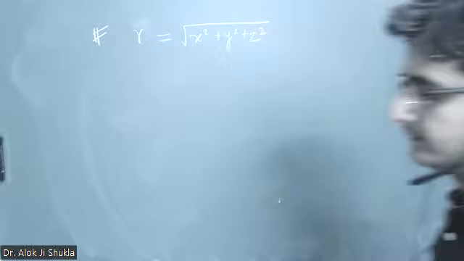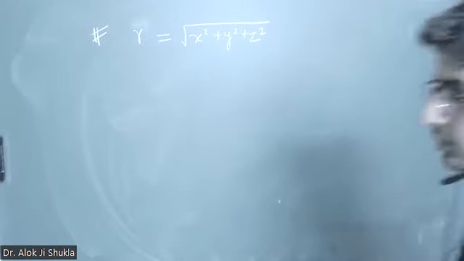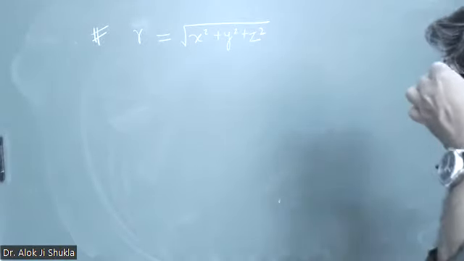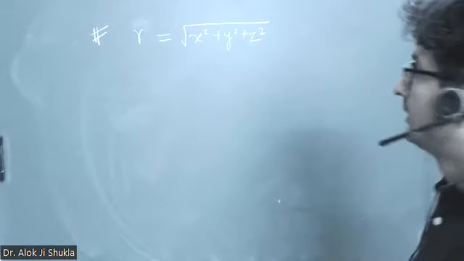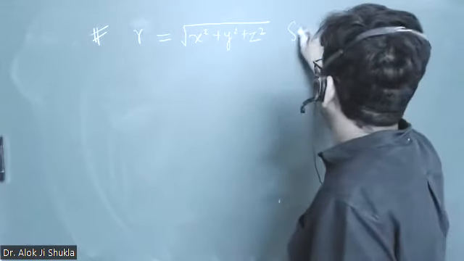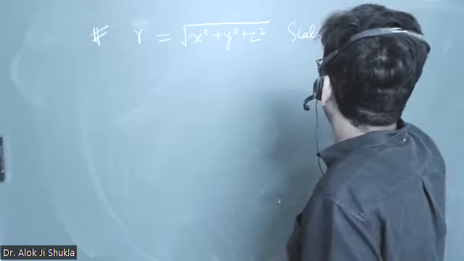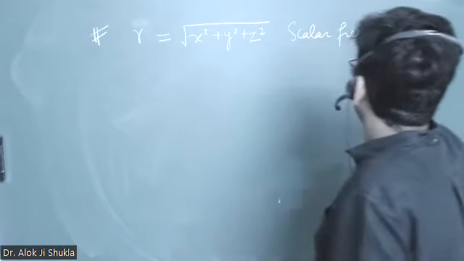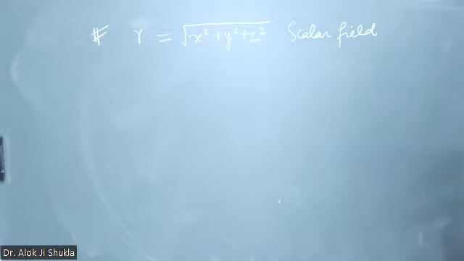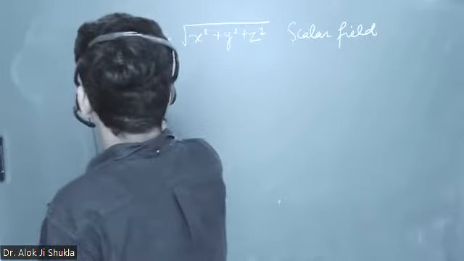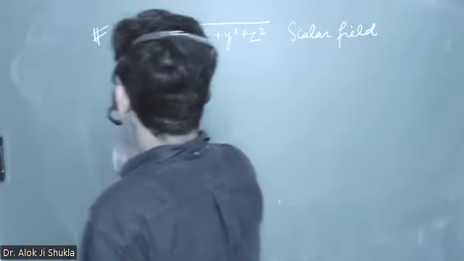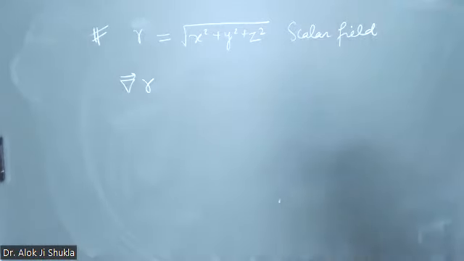Okay. So what is this? This is a scalar field. Yes, sir. This is a scalar field. So what is the gradient of this field? Gradient of r. So r is a field. What is the gradient of this field?